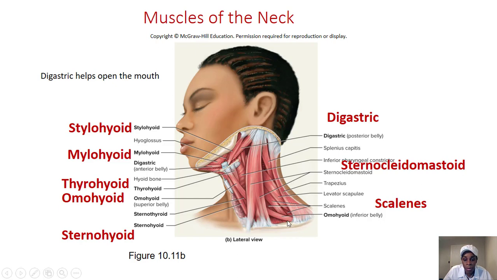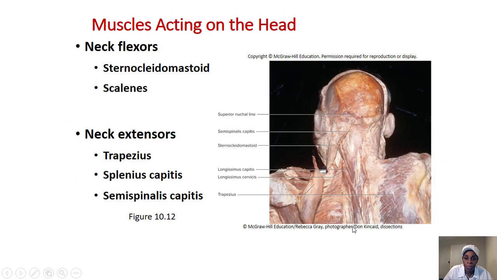See, because the clavicle is here, but it comes from the scapula. The word omo means scapula, the omohyoid, the scapula coming to the hyoid bone. Then the sternohyoid coming from the sternum to the hyoid. So all these muscles have some kind of hyoid, just all the ones coming to the hyoid bone. The hyoid bone is on the cervical area of the vertebrae.